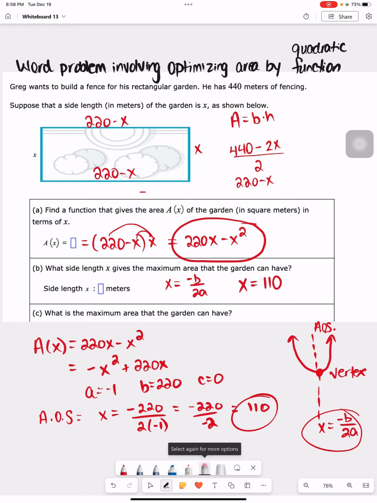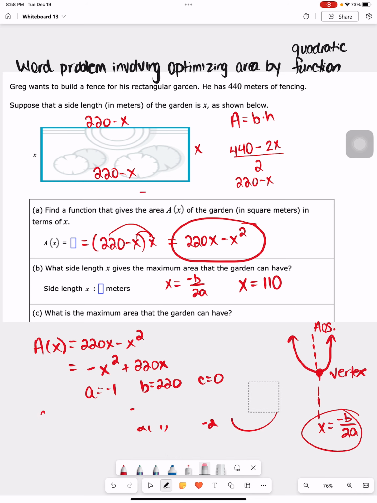Okay, so part C is saying what is the maximum area that the garden can have. The last piece here, and if you need to pause, please pause, that's fine, but I'm going to erase this. The last piece is asking me to find what the actual area is.